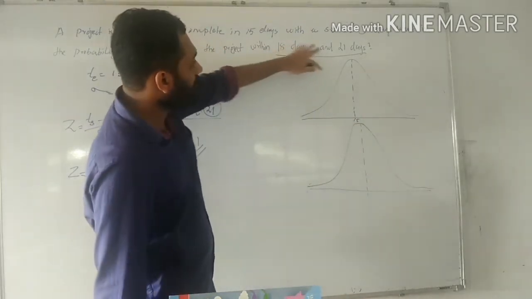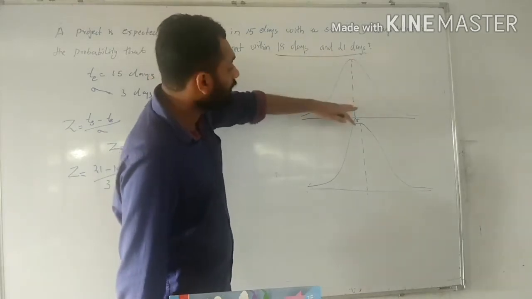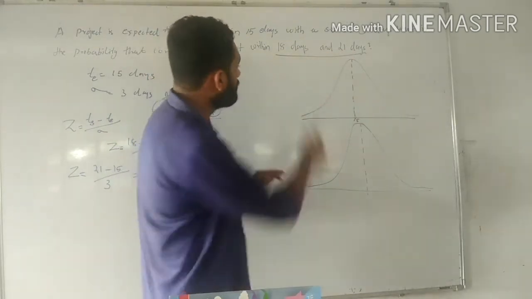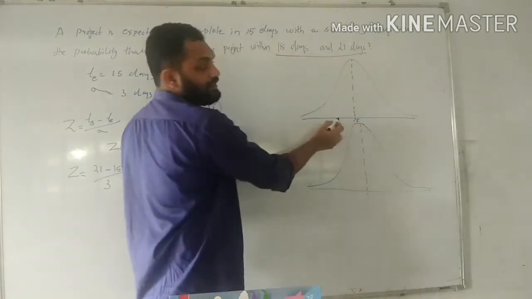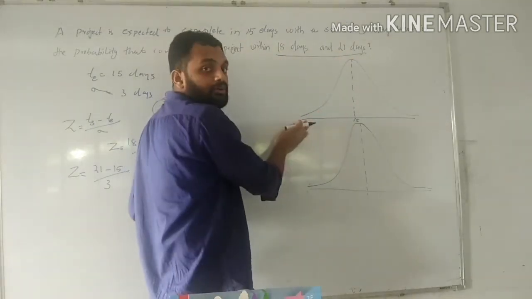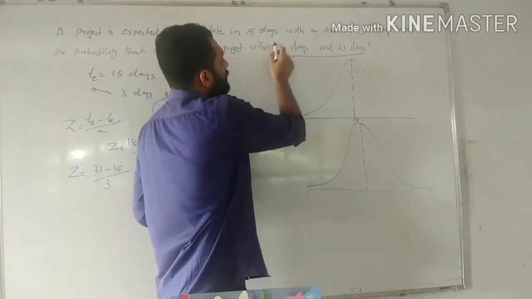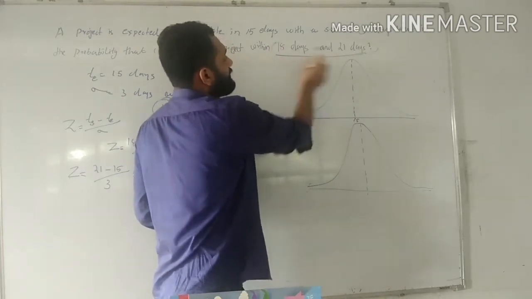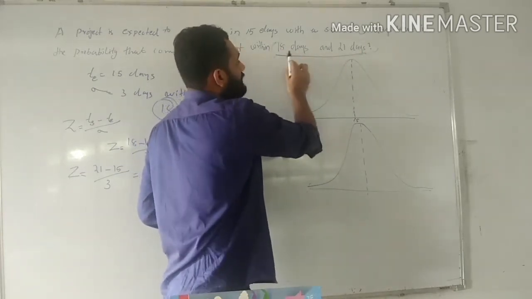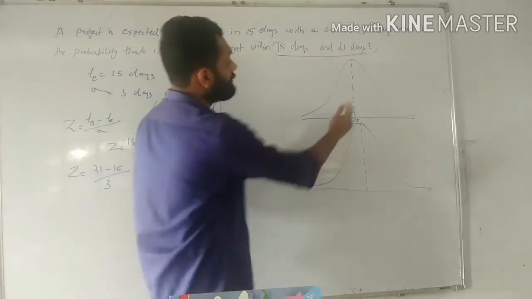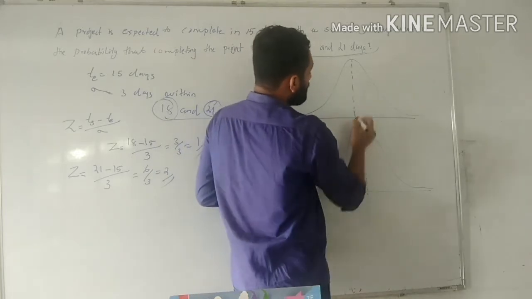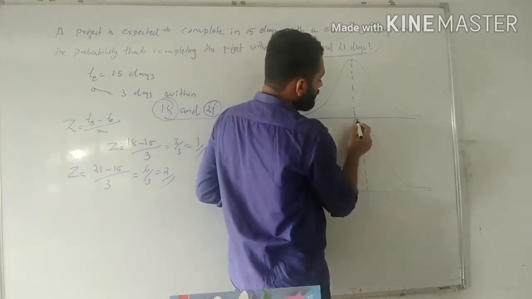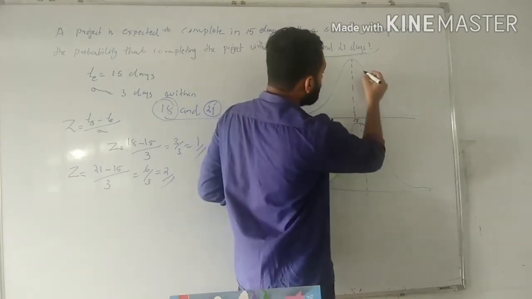So 18 days and 21 days will come on the right side of the normal curve. If it is less than 15, it will come on the left side of the normal curve. Here you are asked the probability within 18 days and 21 days, so it will come on the right side of the normal distribution curve, because 15 is the mean value.